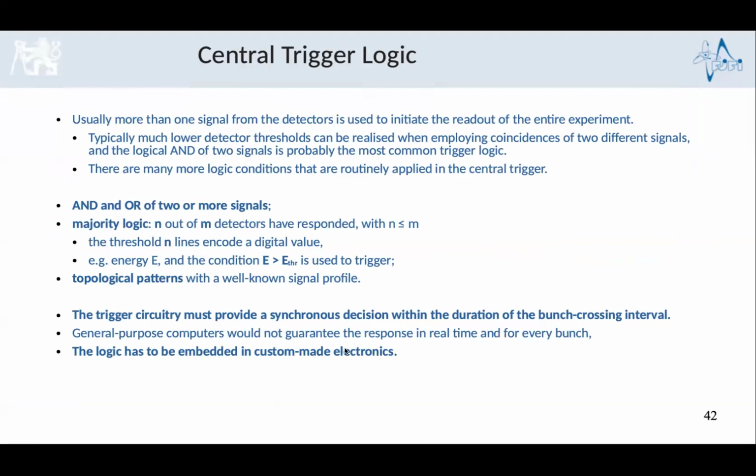Okay, once we have the signals in the front end electronics, the front end electronics has to process the signals from your detector, and this front end electronics already has the conditions to send part of the trigger signals to one central trigger logic.